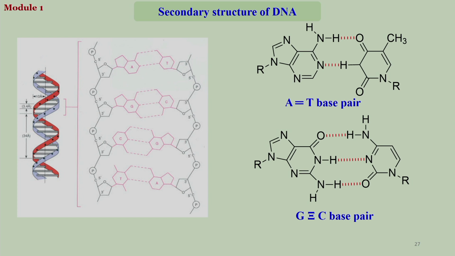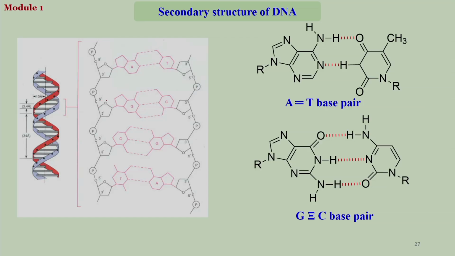If you consider this is the plane of the sugar, then the oxygen would be up the plane. So, it looks like an envelope, where this is the closing flap of the envelope and this is the plane. That is the 3D structure of this sugar part: it will be out of the plane and in this direction.